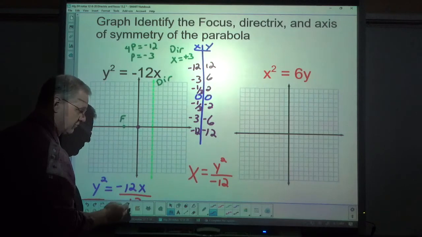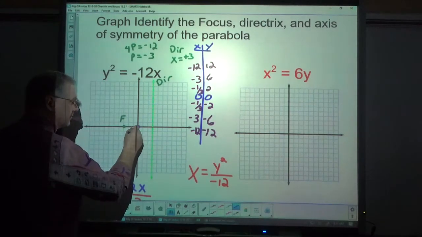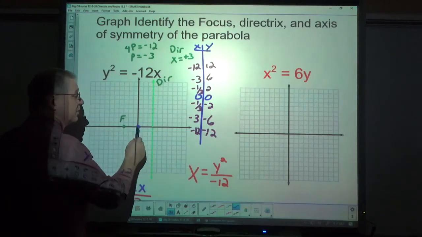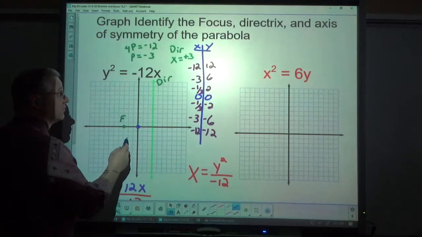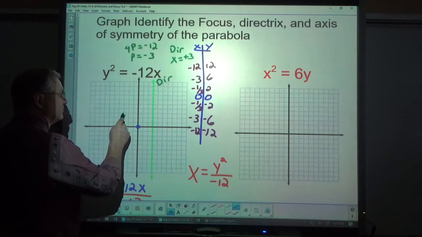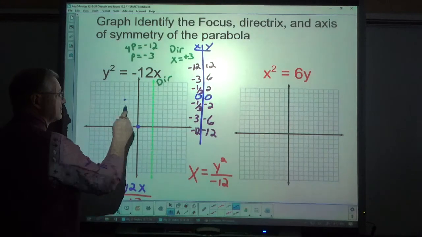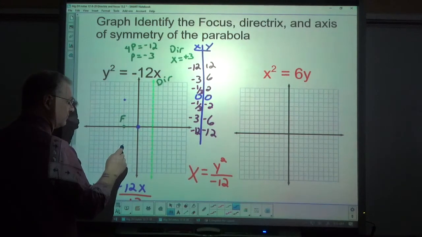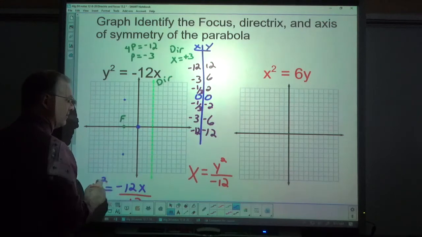In fact, I think I'll use blue instead, to show up a little better. And remember, now you're plotting points. So negative 3, positive 1, 2, 3, 4, 5, 6, negative 3, negative 1, 2, 3, 4, 5, 6.